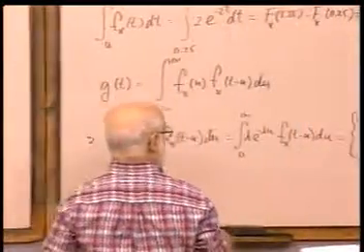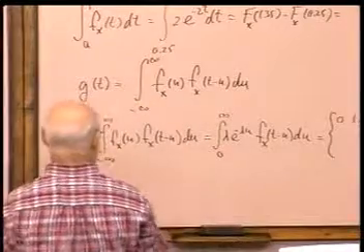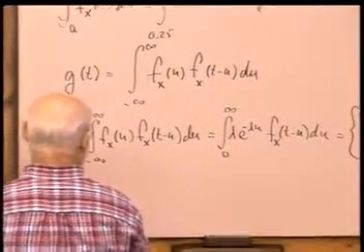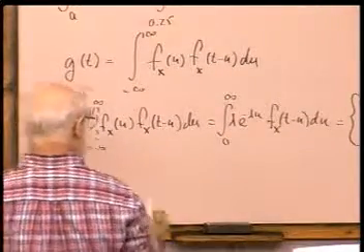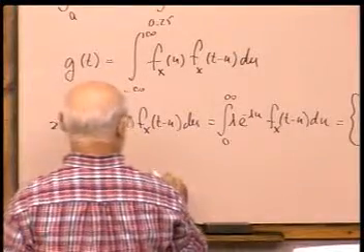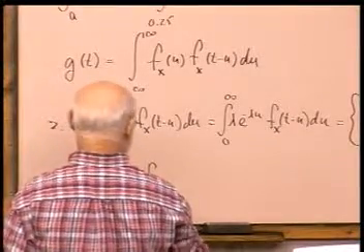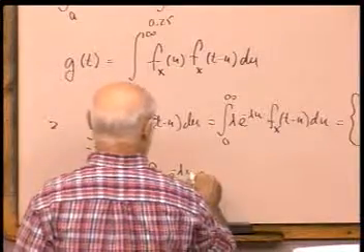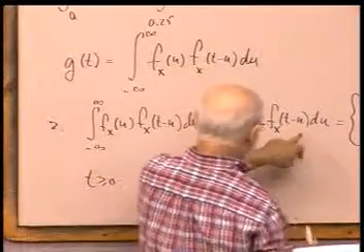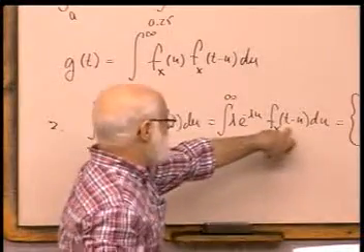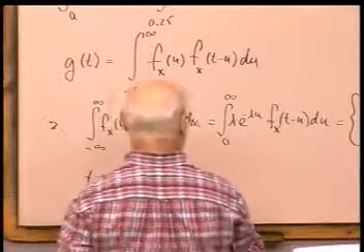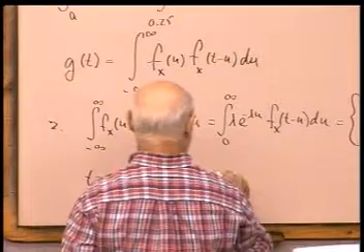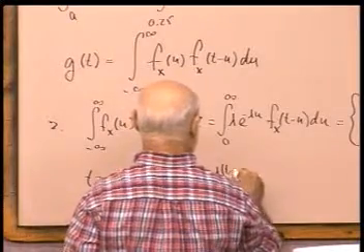So that means that this integral is going to become the following. I'm going to say, suppose that t is greater than or equal to 0. Then I'm going to have the integral from 0, lambda e to the minus lambda u. Now, as long as u is less than t, that function is going to be given by lambda e to the minus lambda times t minus u.